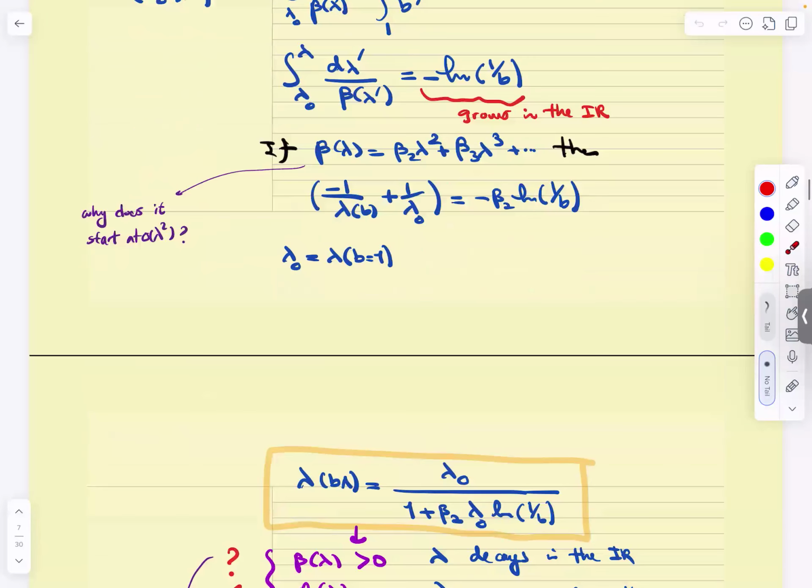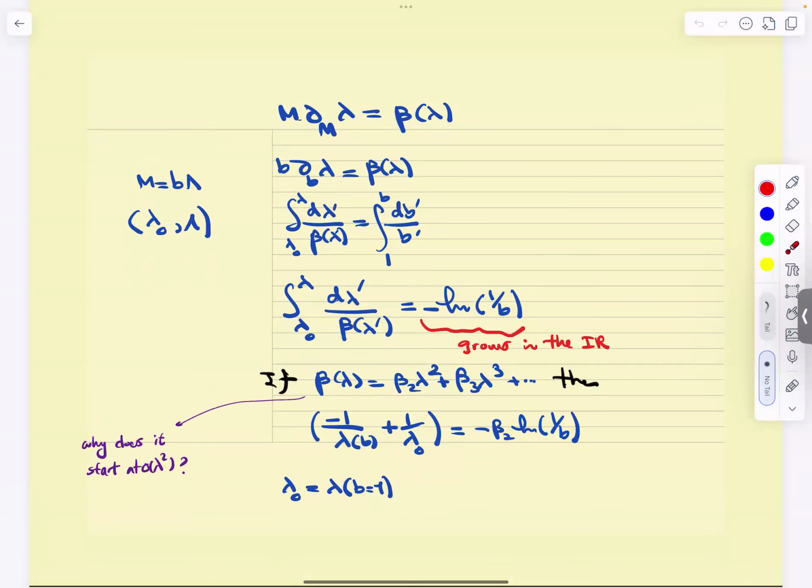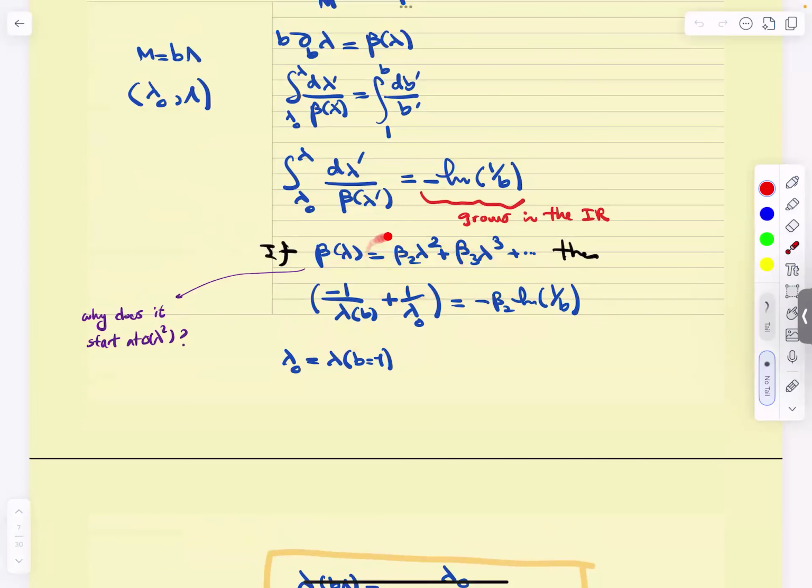All right. So here I'm going to make a very important point. I'm just looking at the β₂ term, the λ² term, right? That correction comes from one loop. If you integrate this equation, you could think of it as the integrated version of the running of couplings where you only know the beta function up to one loop.